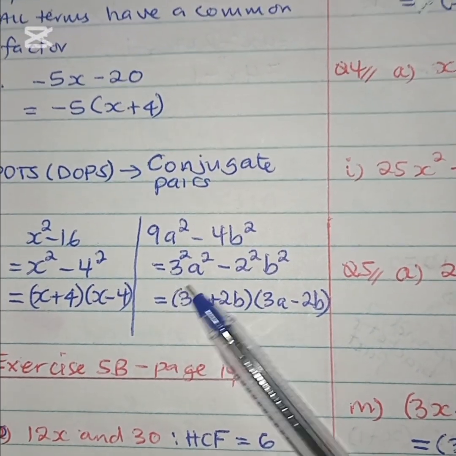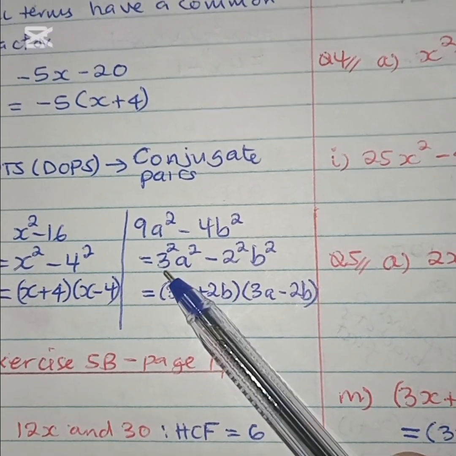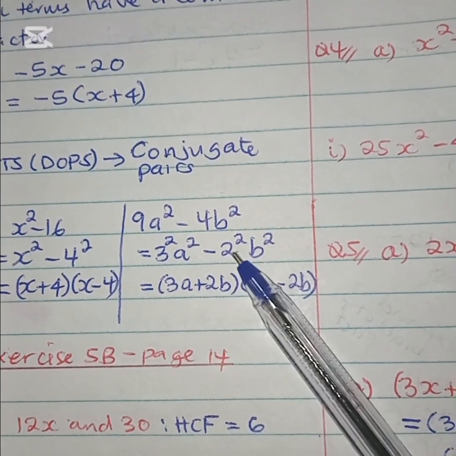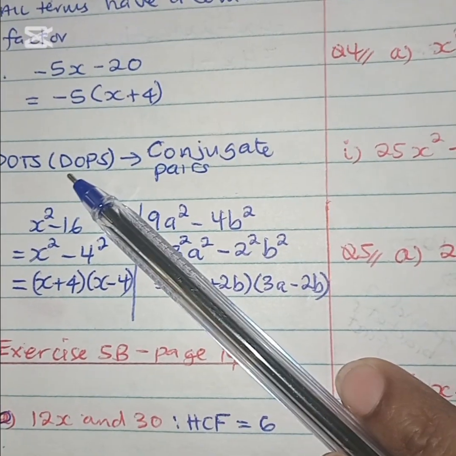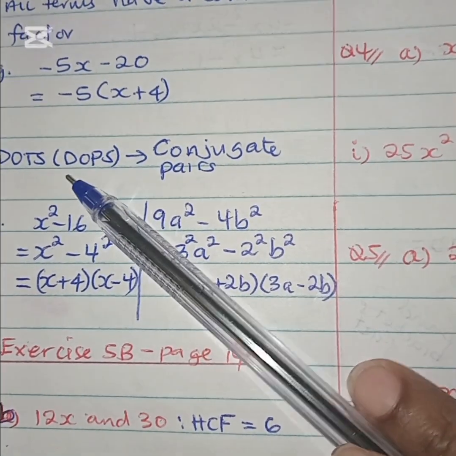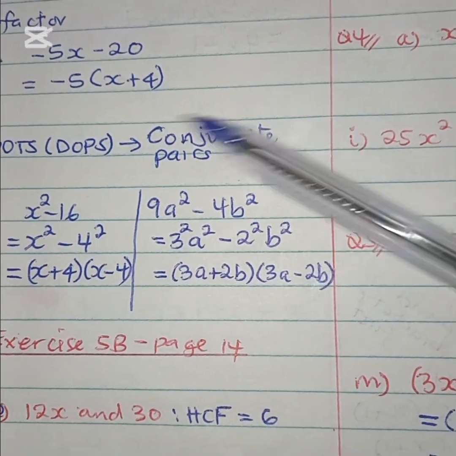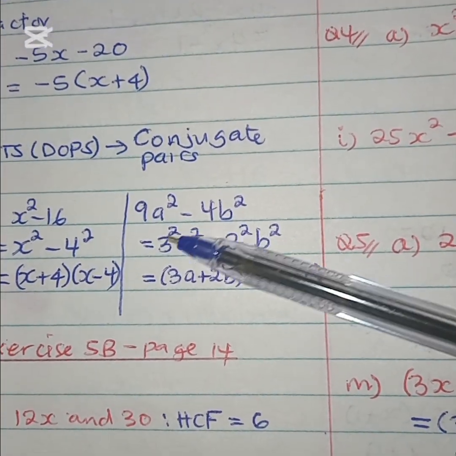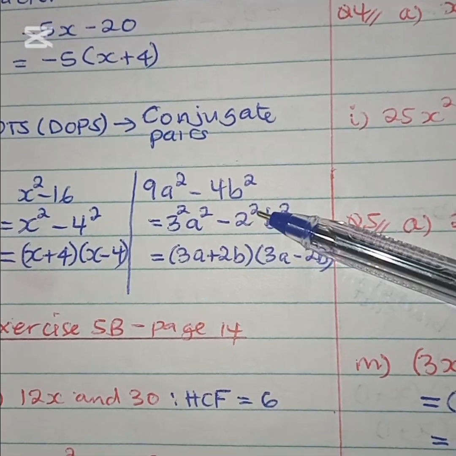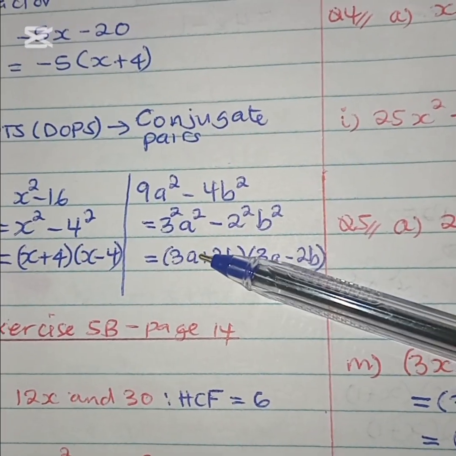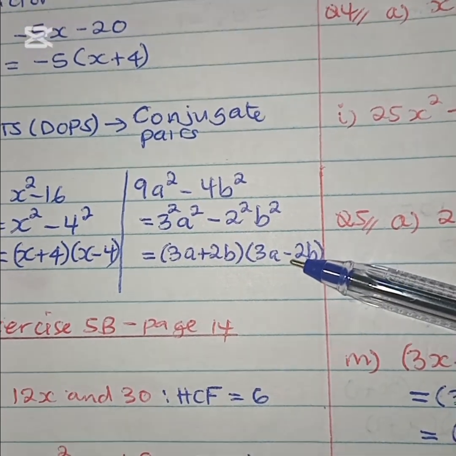Now you can pull out the bases, leave out the powers, pull out the bases 3a and 2b, and when we factorize difference of perfect squares, our factors will be a conjugate pair. So we take the bases and we make conjugate pairs out of them. So that's 3a plus 2b times 3a minus 2b.